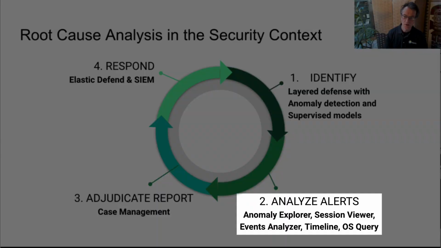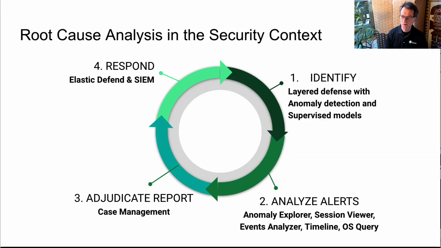Anomaly Explorer in Elastic Kibana lets you inspect additional information related to detected anomalies, as does Events Analyzer in Elastic Security. Timeline lets you look at the temporal sequence, which provides cues about cause and effect. And with OS Query, you can query operating systems for additional diagnostics, like with a database.